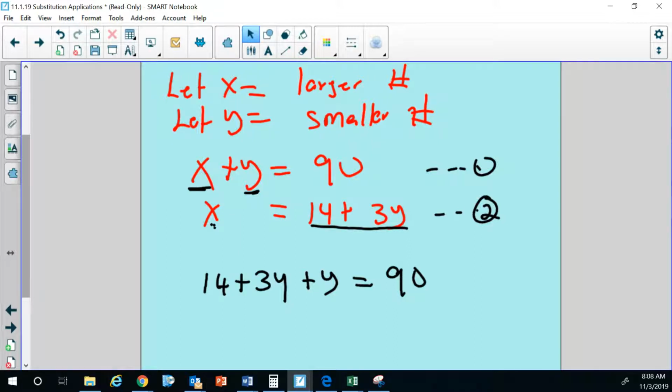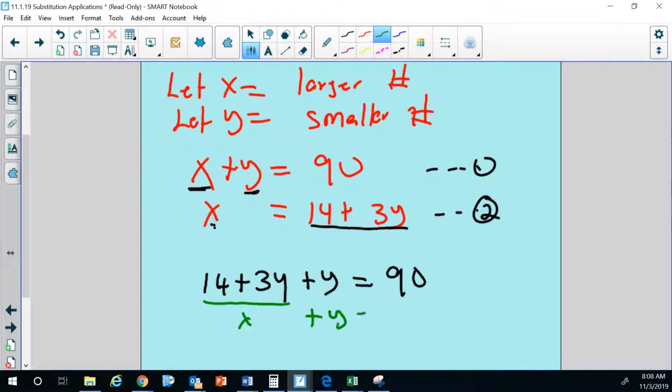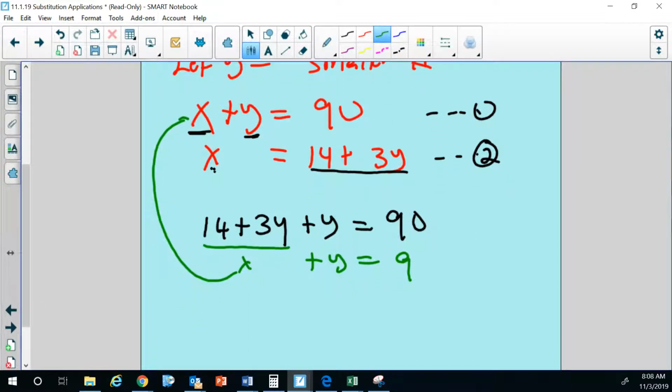So let's review this real quick. Another color, right? This right here is x, plus y is equal to 90. This is the same thing as the first equation. See that? Now, let's solve for y.